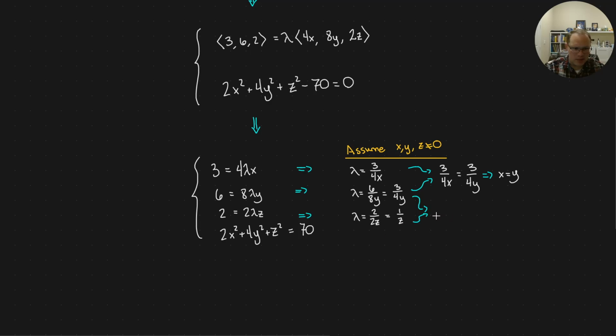They're both equal to lambda, so 3 over 4y has to equal 1 over z. If I multiply z to the other side and y to the other side, I get 3/4 z equals y. And because x equals y, 3/4 z must also equal x. Okay?